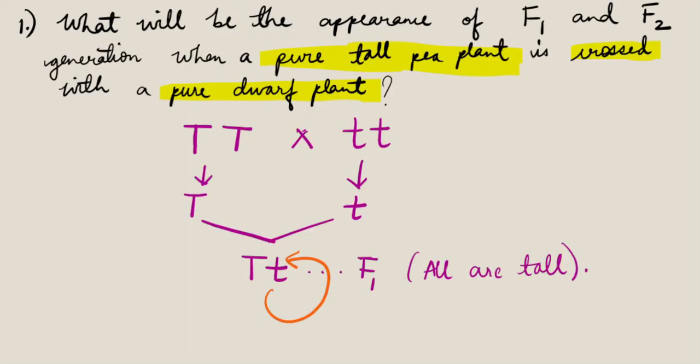So capital T, small t, cross with capital T, small t, as we are doing selfing here. Here we will get two gametes. We will first do gamete formation.